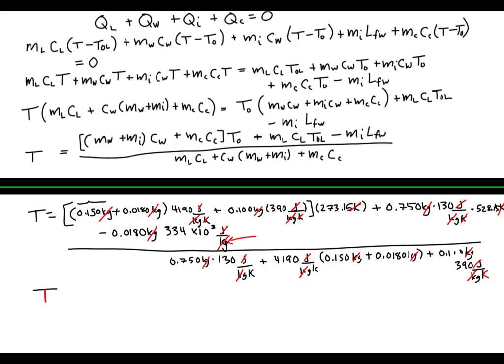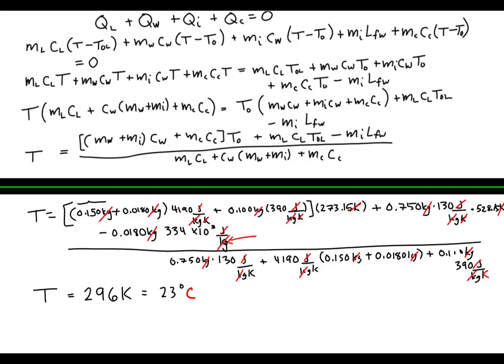When I plug this into my calculator, I get the final temperature of the system is 296 Kelvin. That 296 Kelvin equates to 23 degrees Celsius. So that's pretty reasonable. The final temperature of the system is higher than the initial temperature of the calorimeter ice-water combination, which was at 0 degrees Celsius.